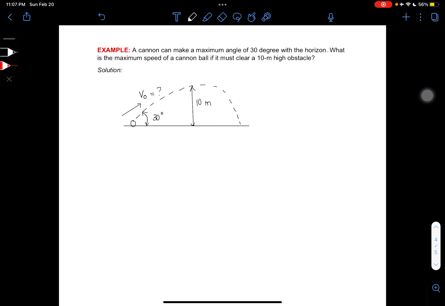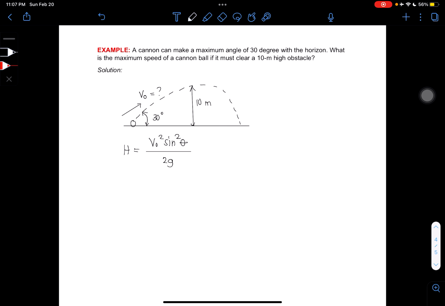So sa formula to solve H, sa taas, H is equal to V0 squared sine squared angle theta divided by 2 and multiplied by gravity.